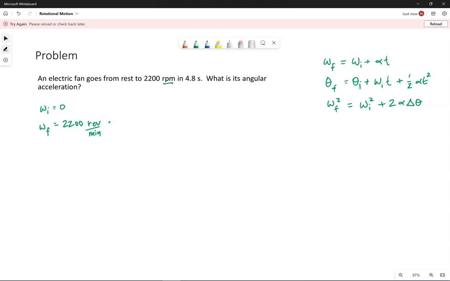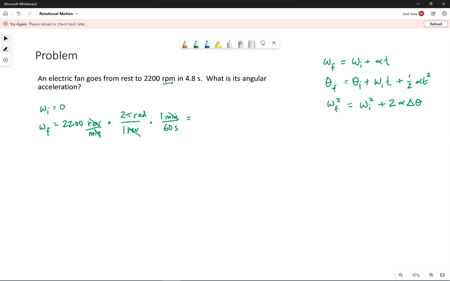So we do need to convert that. 1 revolution is 2 pi radians. That will get rid of our revolutions. We want this in seconds. So 1 minute is 60 seconds.